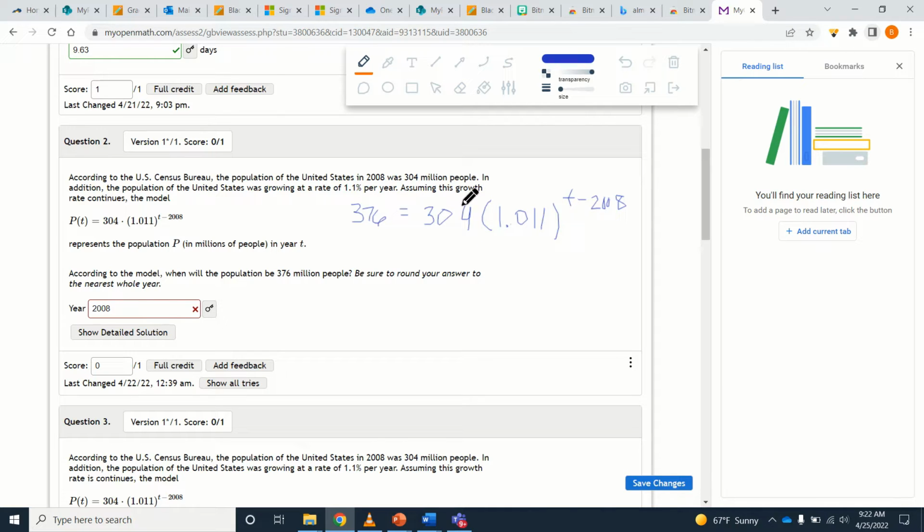All right, so first thing I'm going to do is get rid of this number that's in front of the exponential. Remember, our process of solving an exponential equation is we want to get the exponent and its base by itself on one side. So here's our exponent, here's our base. We need to get rid of the 304. So first thing I'll do is divide out the 304.